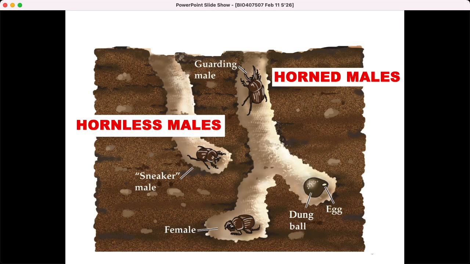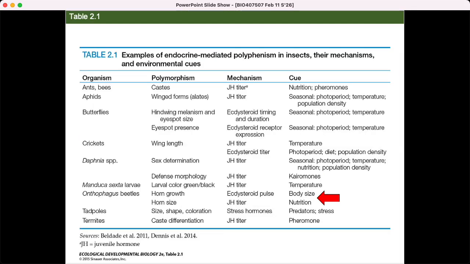All right, so then we can go to our example we talked about last time. That's a chapter 1 concept, and we're talking about the mechanism. To point out, when we dive into the mechanisms, it's in that table in chapter 2. Those are the beetles, horn growth and horn size, and they're really affected by two hormones, ecdysone and JH.